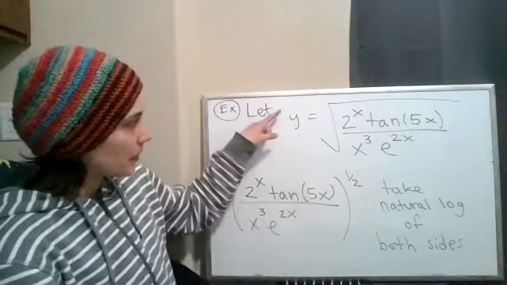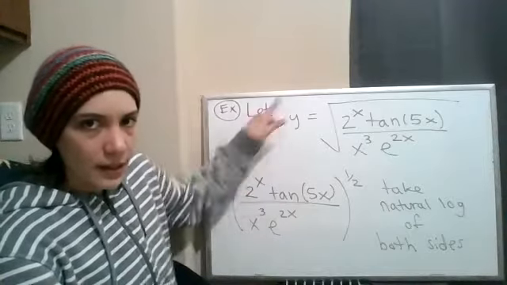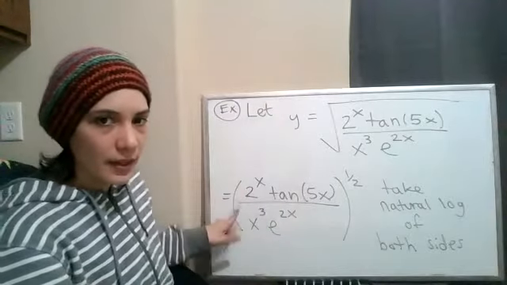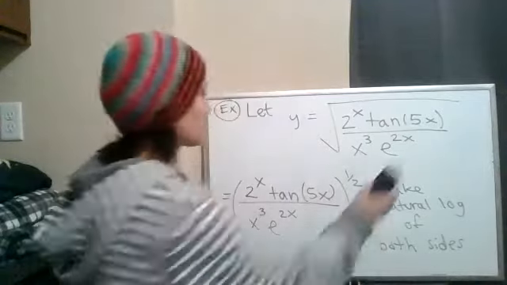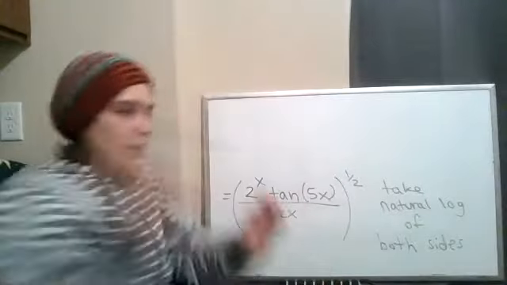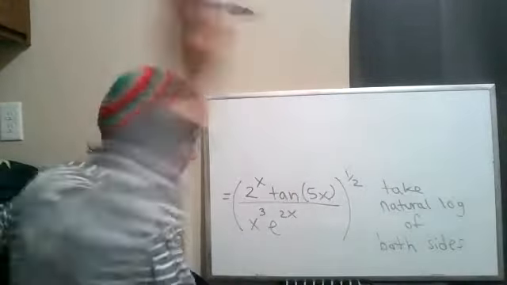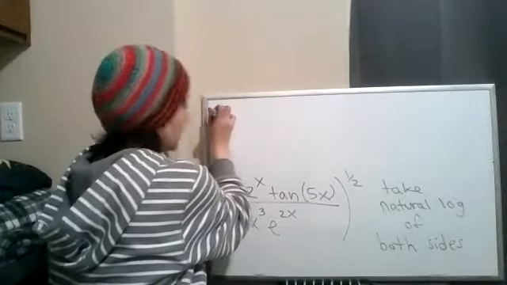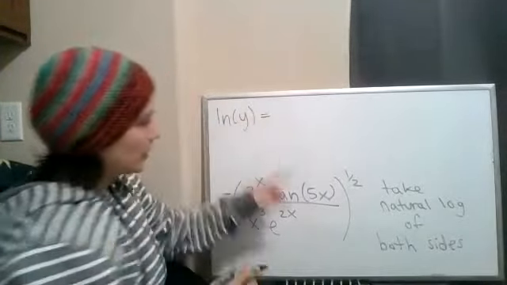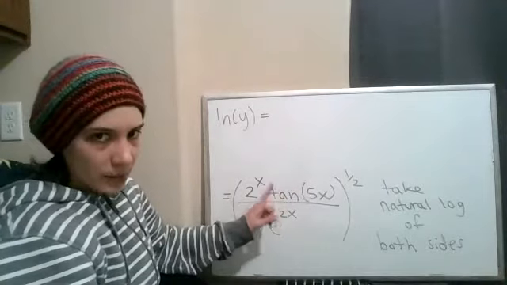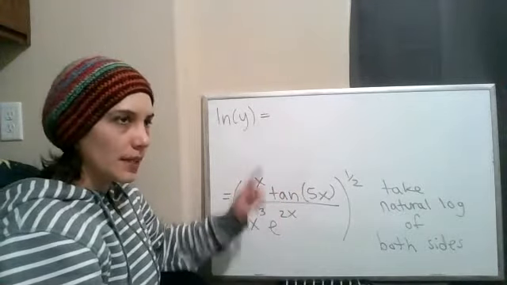So we're going to use this part and this part. ln of y equal to ln of everything here. All right, ln equal to, and let's do the power rule as part of this step.